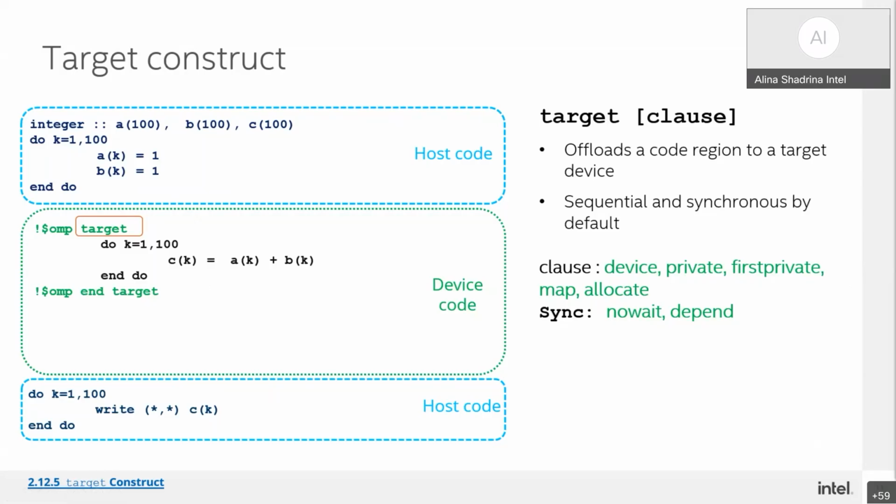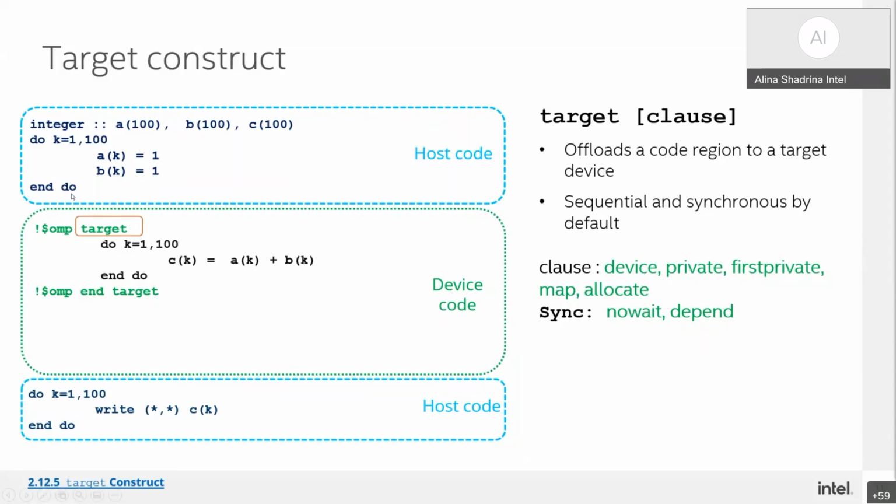And what happens under the hood is that this pragma creates a task on a device. An OpenMP task is an independent unit of work that will be executed on threads, including your code, data, and internal control variables.